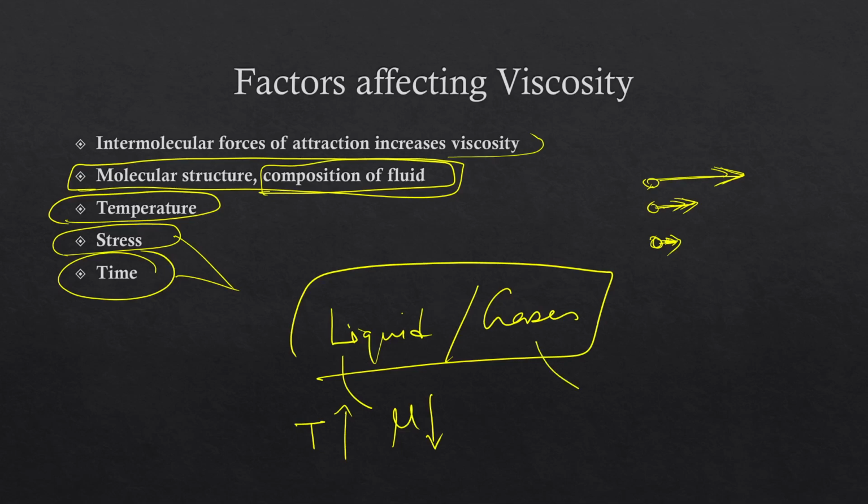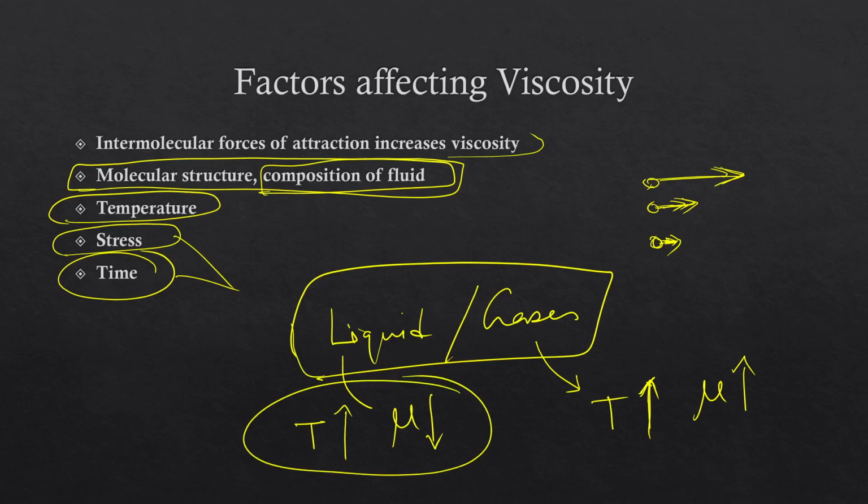On the other hand, in case of gas, as temperature increases, viscosity will also increase. So this is something to remember. However, in most of our civil engineering applications, we will not be dealing much with motion of gases or viscosity of gases. So for most of the fluids, for most of the liquids, as temperature increases, viscosity decreases.